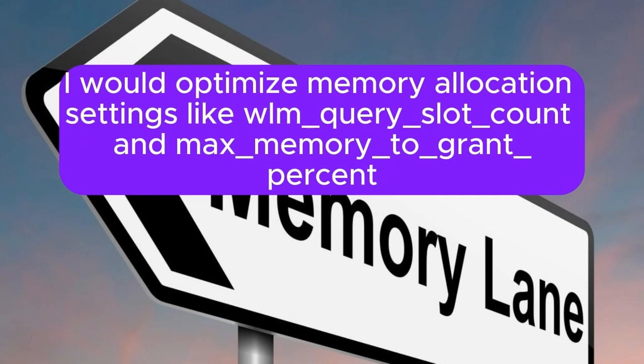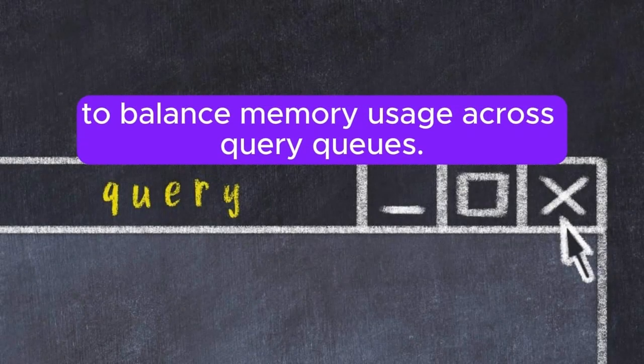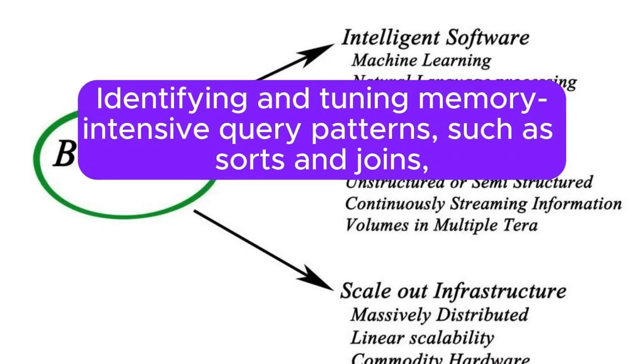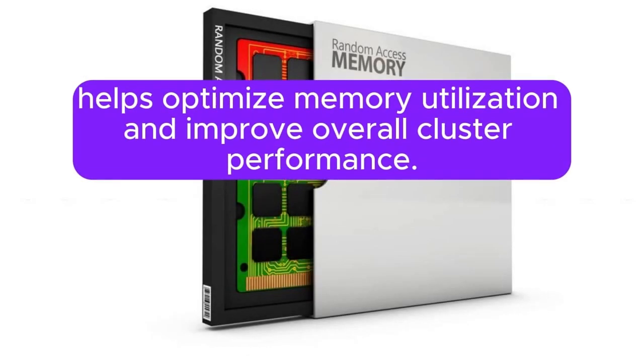I would optimize memory allocation settings like wlm_query_slot_count and max_memory_to_grant_% to balance memory usage across query queues. Identifying and tuning memory-intensive query patterns, such as sorts and joins, helps optimize memory utilization and improve overall cluster performance.